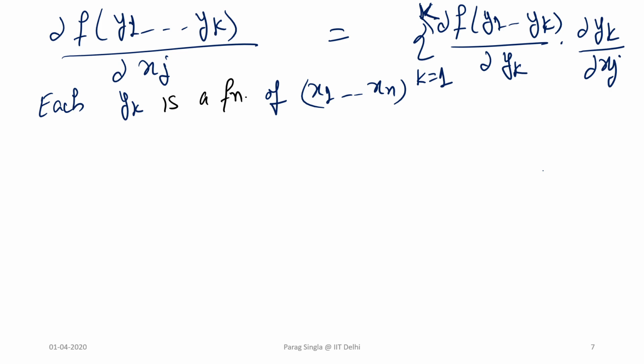So what is the idea? The idea is very simple: you apply the chain rule that we know for a single variable.